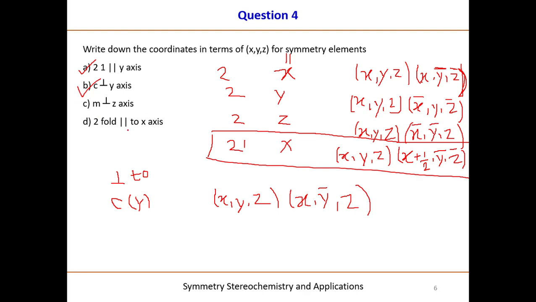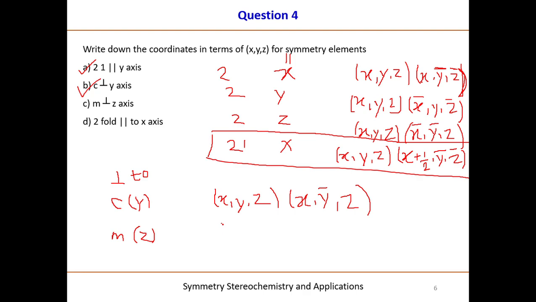So M is a mirror plane which is perpendicular to the Z axis. So I will write here M, that is the mirror plane, perpendicular to the Z axis.